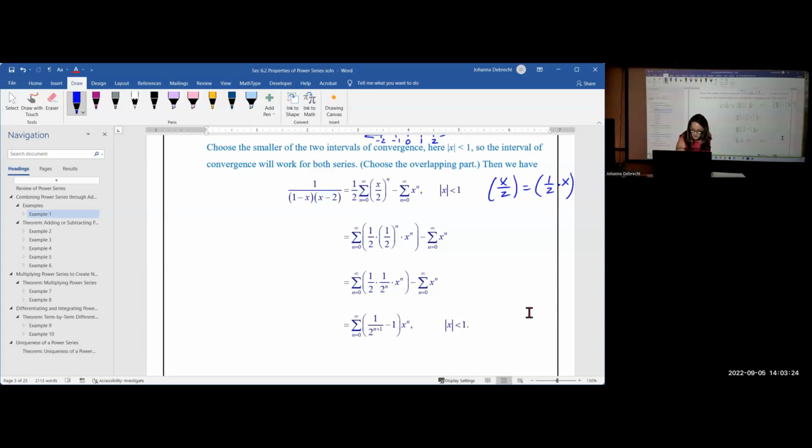And if you want to write it out longhand over here, this gives you the series from n equals 0 to infinity. And I should probably write (1/2)^(n+1) times x^n minus, oops, somehow that became a 2. I don't know how that happened. x^n minus x^n.